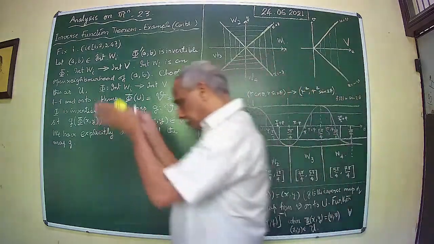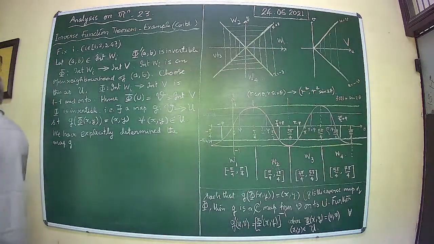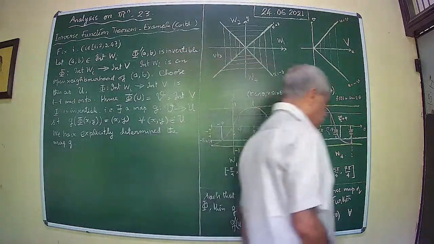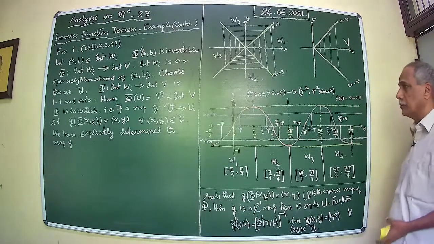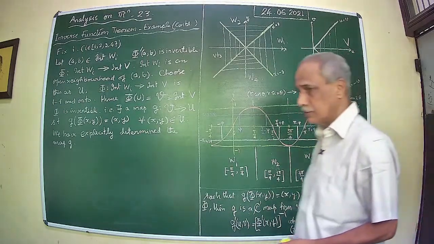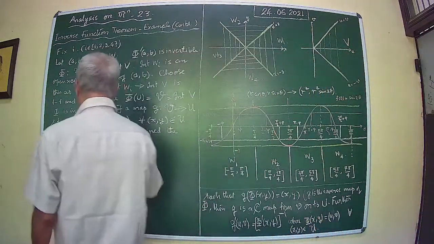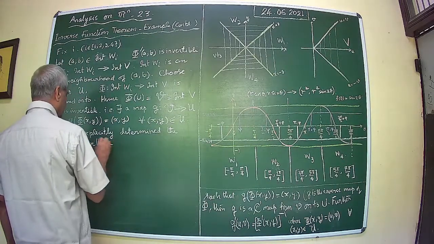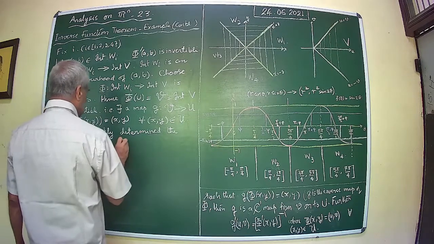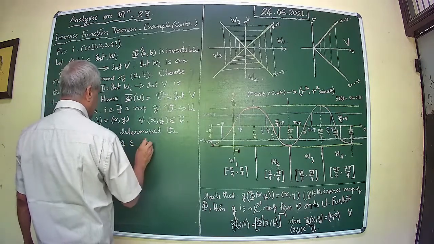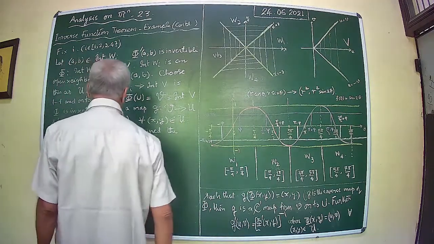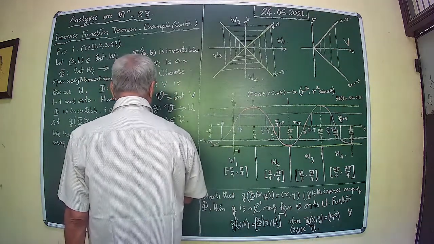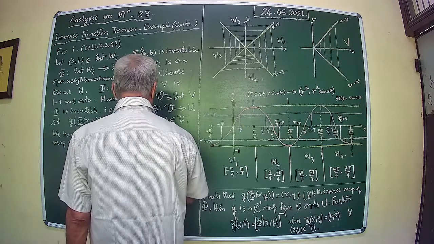We have explicitly written it from V to W1, V to W2, V to W3, V to W4. These four maps we have explicitly written in the last lecture. Further, G is C1 on V.